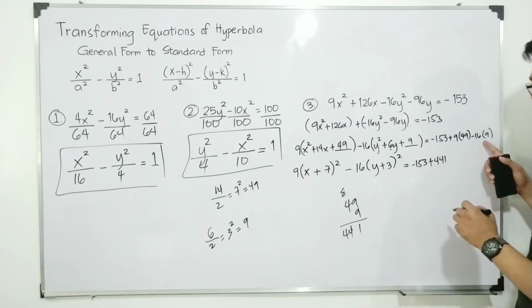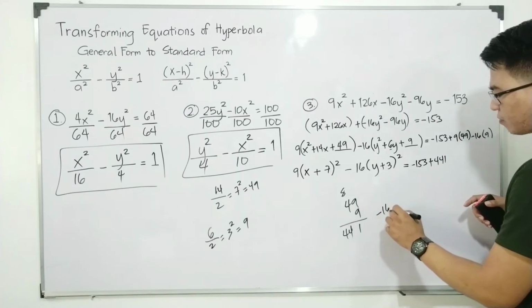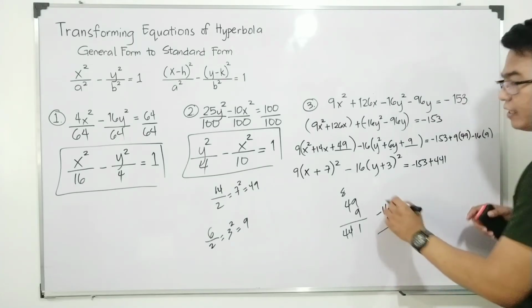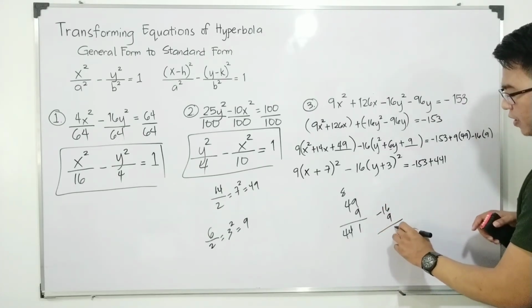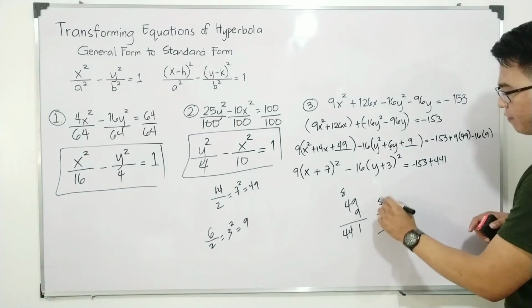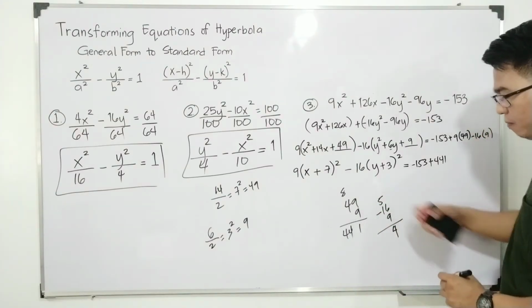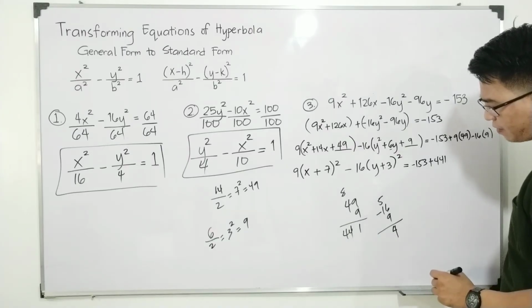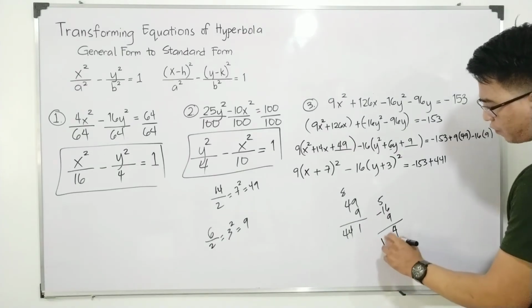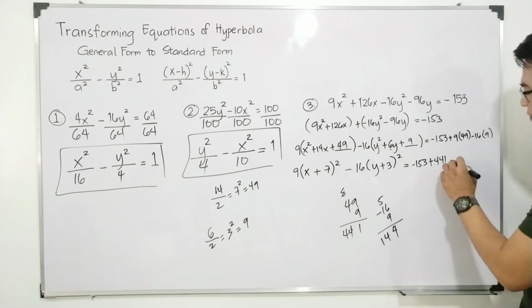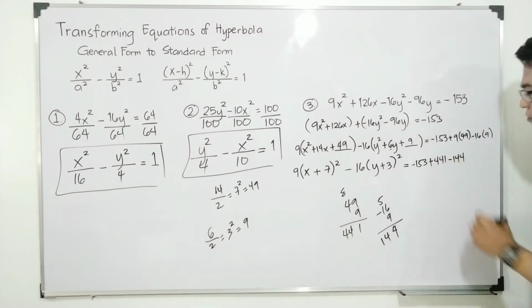Okay, and then ito naman, negative 16 times 9. 9 times 6 is 54. That is 4. Carry 5. 9 times 1 is 9 plus 5, which is 14. Okay? So we have minus 144.